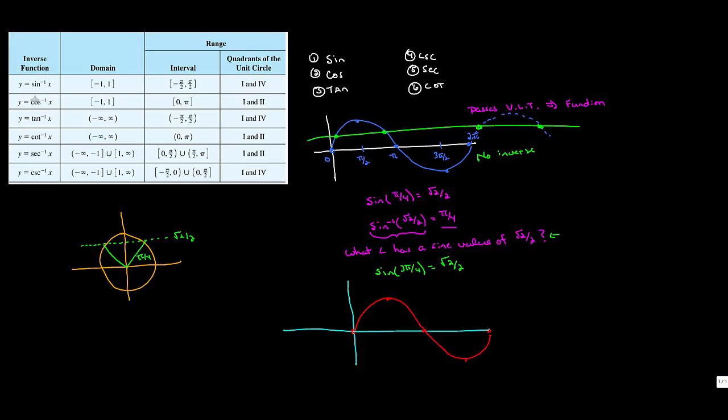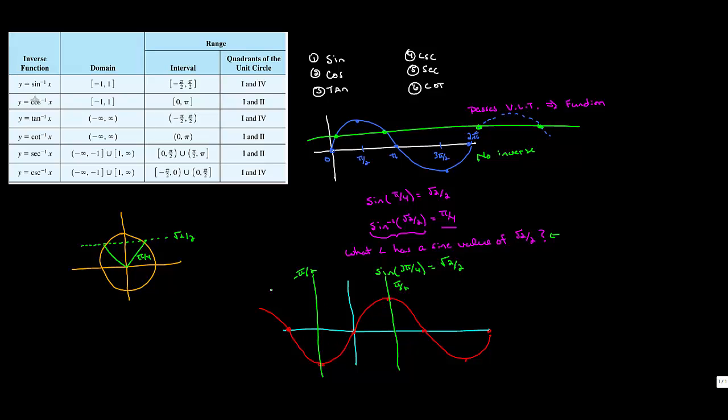And I'm going to extend it back this way because, of course, it heads down, back up. Okay. What I'm going to do is chop the sine curve from here to here, so from negative pi over 2 to pi over 2.